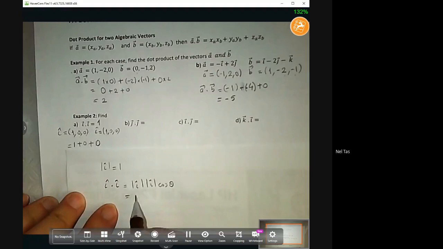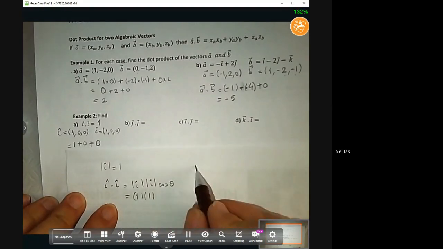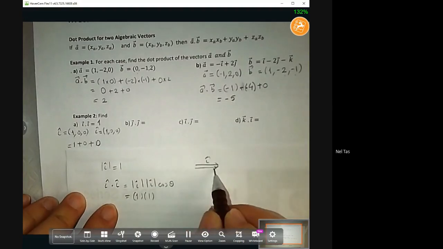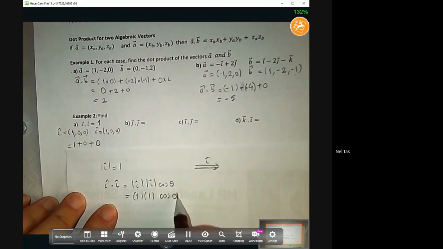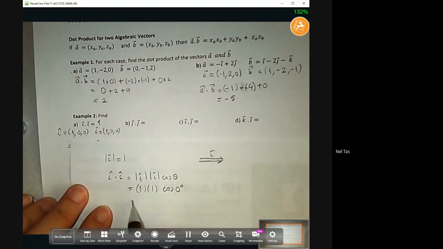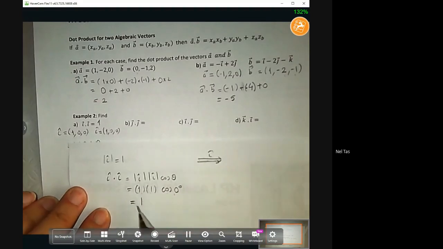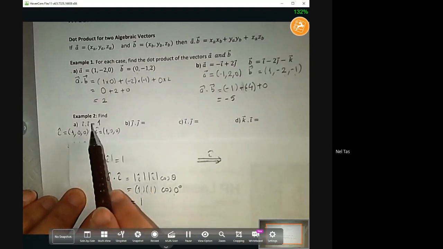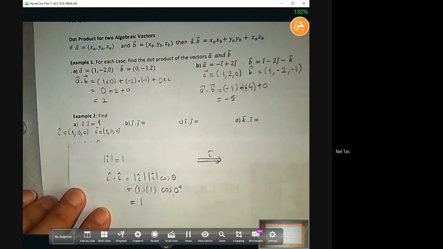So magnitude of I is 1, so another 1, and cos theta. You have the same vector I, you have two of them, but the angle between them is 0. So cos 0 degrees is 1. So you end up with 1 times 1 times 1, which is 1. And if you use the algebraic vectors method, you also get 1.